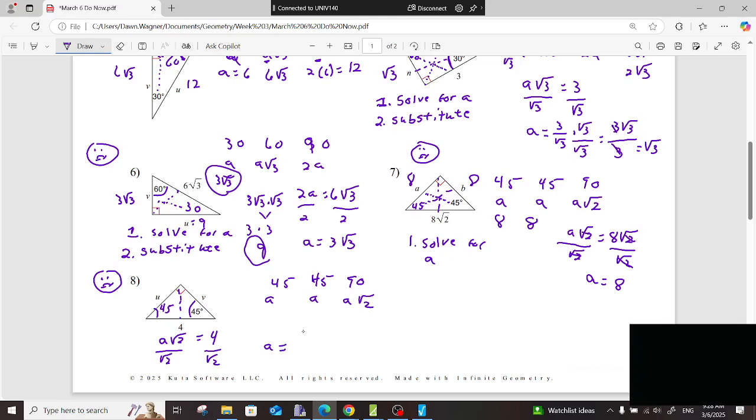So a is equal to 4 divided by square root 2. Can I leave it like this? No. I have to rationalize the denominator, which then becomes 4 square root 2 over 2. When I take 4 and divide it by 2, what do I get? 2 square root 2. Because 4 divided by 2 is 2. So both of these would be 2 square root 2.